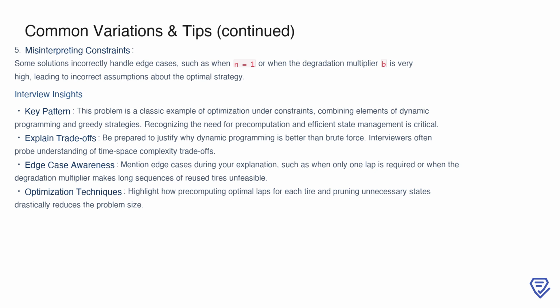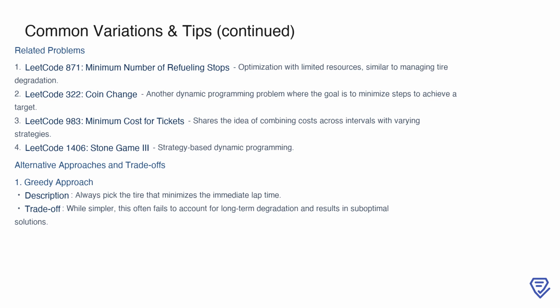During your explanation, always highlight edge cases, like when only one lap is required or when tire degradation makes long sequences of reused tires impractical. Finally, emphasizing optimization techniques such as pre-computing tire usage and pruning unnecessary states demonstrates a deep understanding of the problem and its constraints.